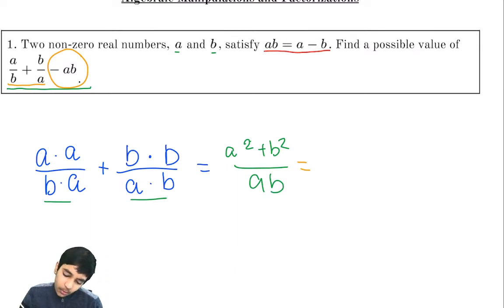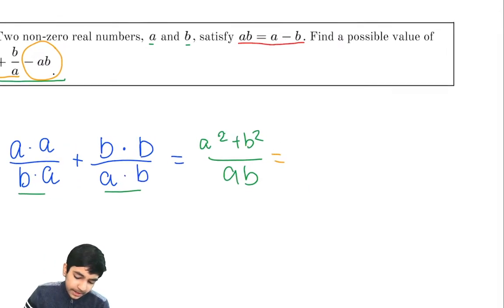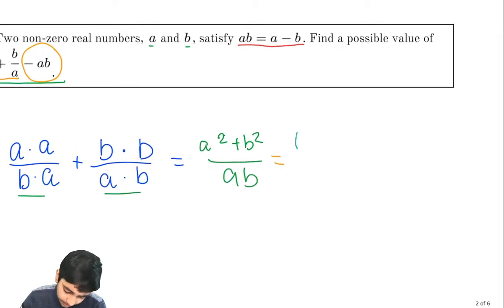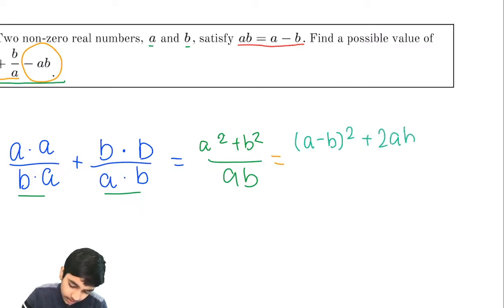So somehow we want to represent our terms in terms of a minus b, because then if you do a minus b, some terms will cancel. To explain what I mean in more detail, let's just rewrite this as (a minus b) squared plus 2ab. So this is just equal to a squared minus 2ab plus b squared.